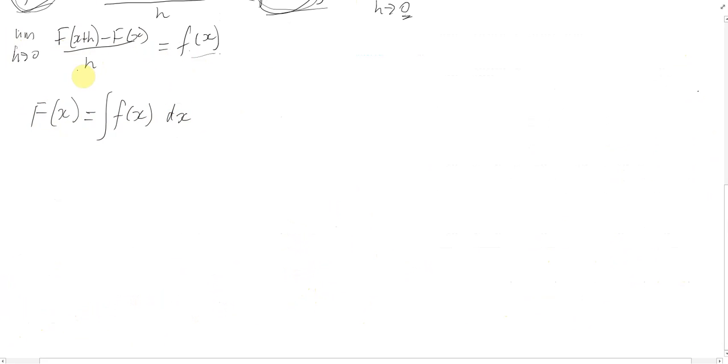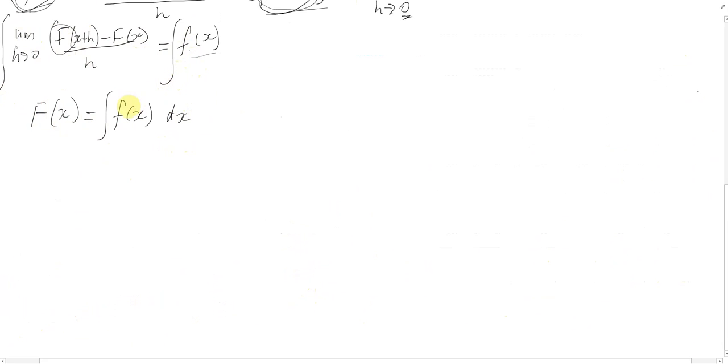Because this is a derivative, what we've done is integrate both sides. We've done a big integral of this to get back our function, and a big integral of this side, which is what we have on the right-hand side. So we've basically said that our big F must be an antiderivative of little f.